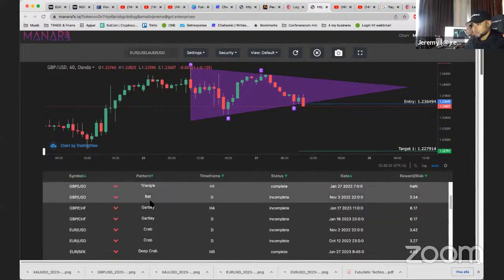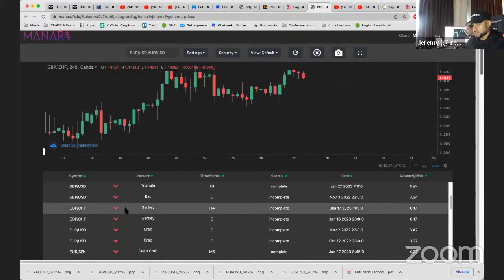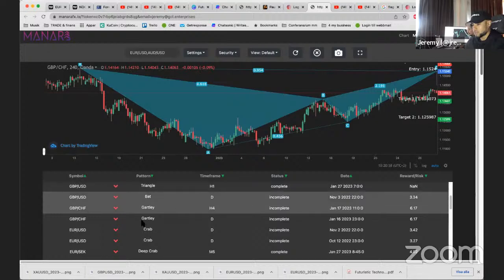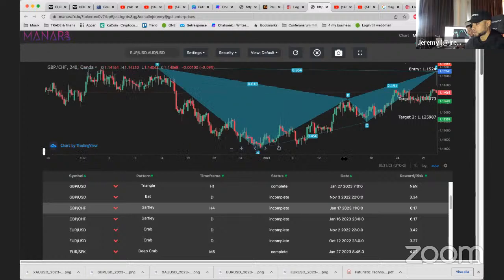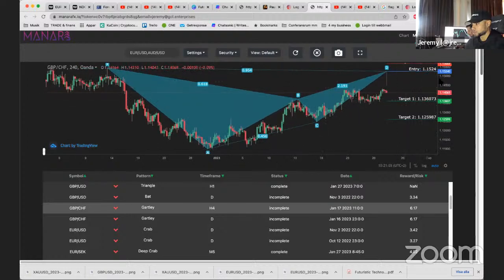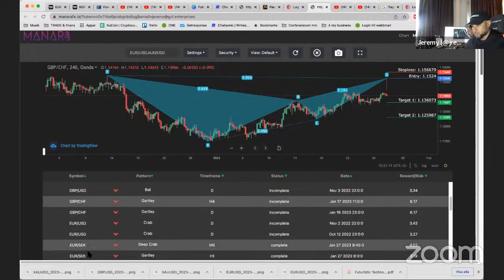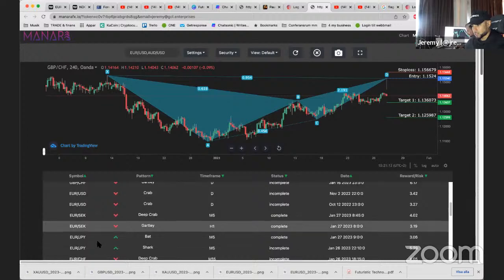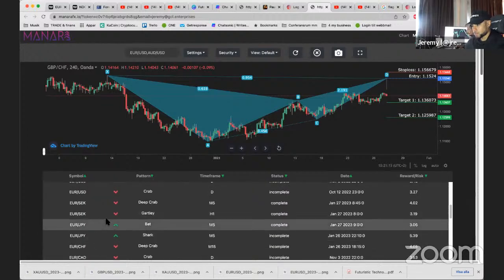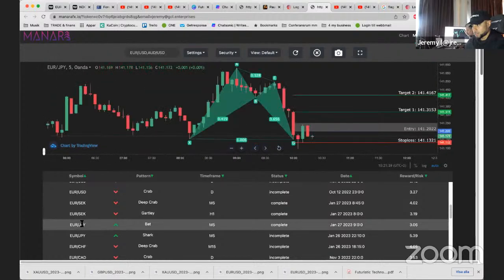Let's go to GBP/CHF, the GBP Swiss francs. That one has a long way to go. Euro Swedish krona. Well, I don't know what Swedish krona has to give. This one already gone.